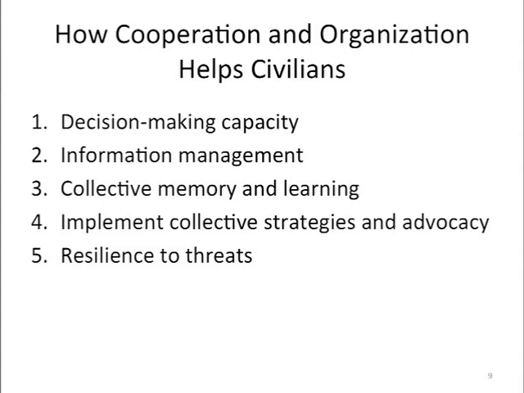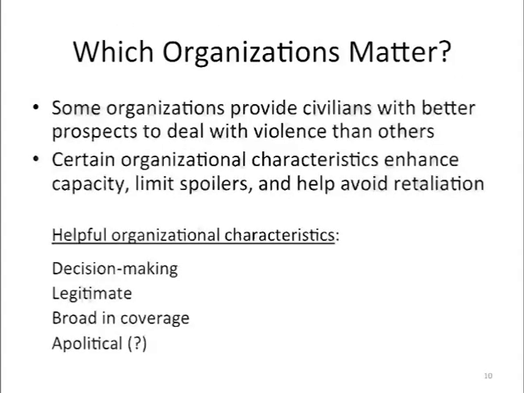Fourth, and perhaps the most obvious for this presentation, they actually are helpful structures for implementing collective strategies and advocating on behalf of the community, so as a collective. And then fifth, perhaps this goes without saying, but these institutions are far more resilient to threats than individuals are, who may face a threat and immediately have to displace, whereas if an individual in an organization is threatened, they can perhaps displace for a while, but the organization goes on.